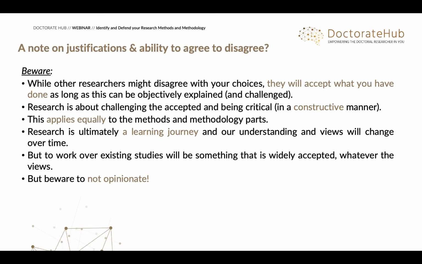Because research is about challenging the accepted and being critical in a constructive manner. And this applies equally to the methods and methodology chapter and parts, because ultimately research is a learning journey and your understanding and views will change over time as the concept and understanding in research will change over time.